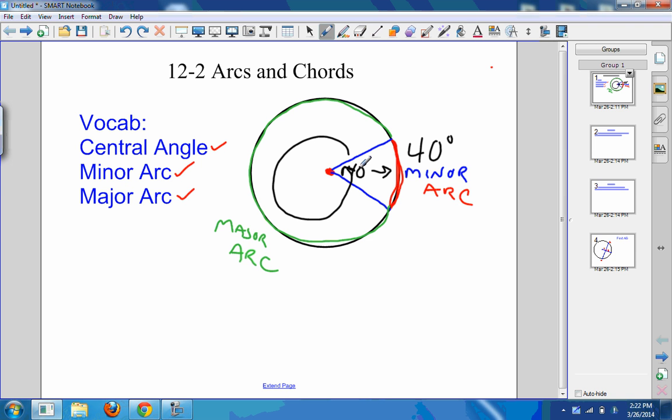So my major arc is just going to be 360 minus that 40, so my major arc would be 320 degrees. So we have minor arcs, major arcs, and central angles. And the central angle is always going to be whatever degree it is. The minor arc is also going to have the same degree.